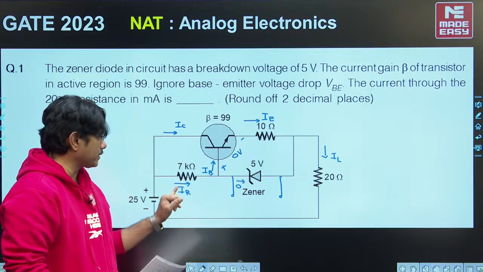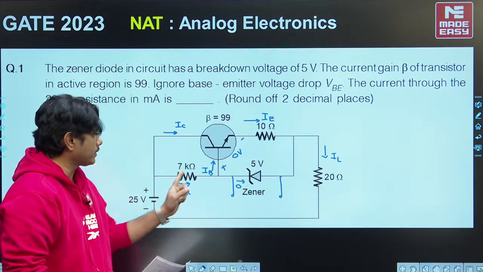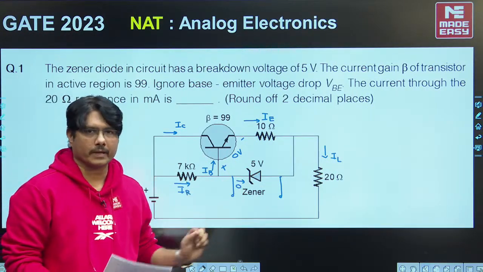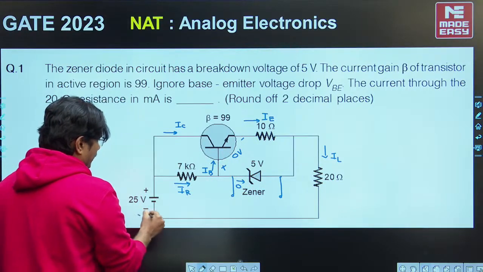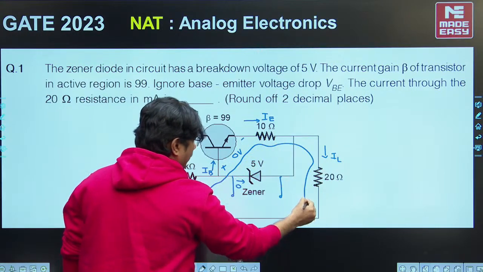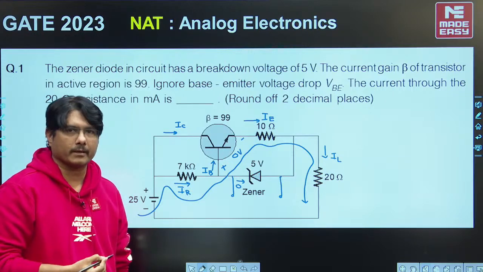Now the point here is IR is equal to IB. So we can apply a simple KVL, so that we can find some parameter like current IB.